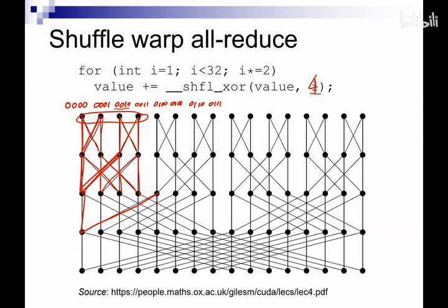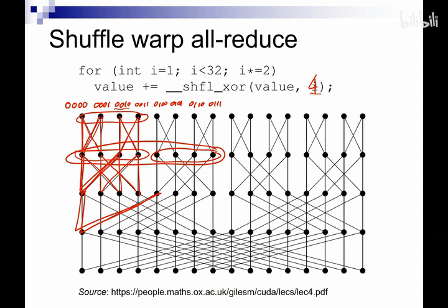By this point, all of these threads have combined the values to equal the sum of all 4 of them, and same thing over here. So when you do this operation, you end up combining all 8 of these values. Each time you do one of these layers, you double the number of values that you combine.